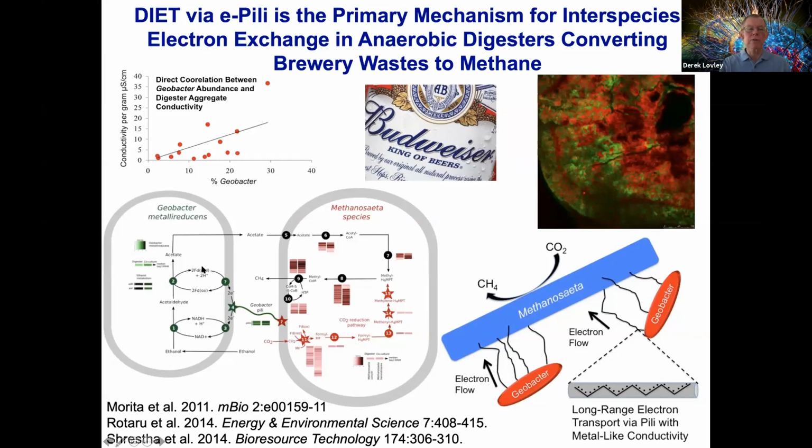So in further looking at the gene expression in these microorganisms, we could see that Geobacter was clearly using, for example, the ethanol in the brewery waste. Methanosaeta, surprisingly, was converting carbon dioxide to methane, even though it didn't have the capability of using hydrogen. And we looked at this further in defined co-cultures with Methanosaeta and Geobacter, and could demonstrate that, in fact, it's the DIET process rather than interspecies hydrogen transfer.